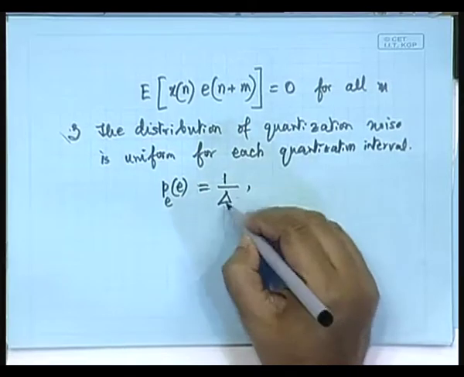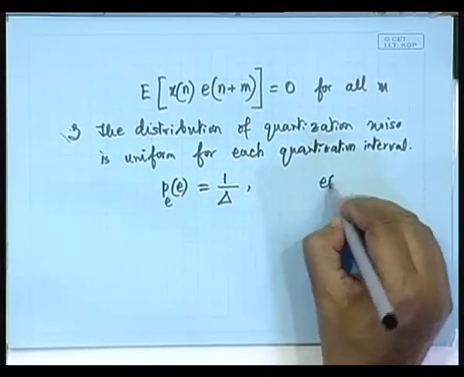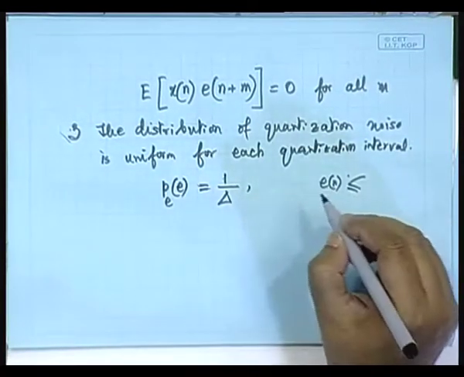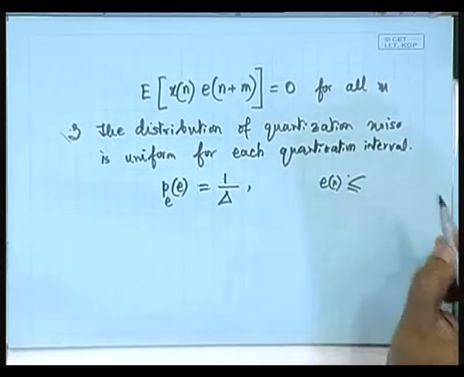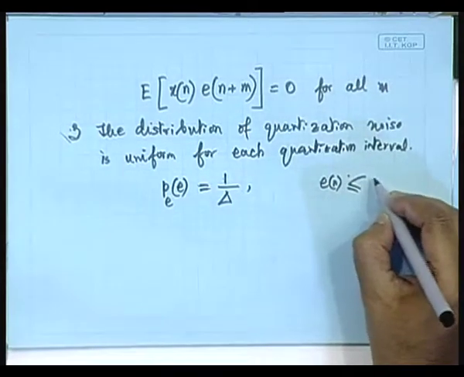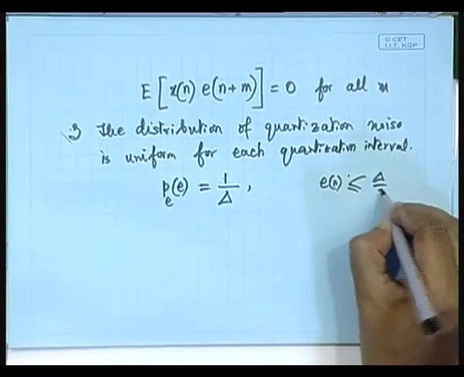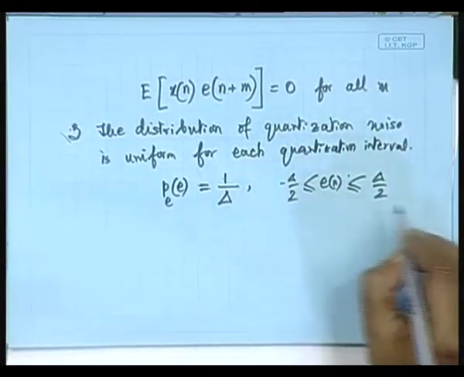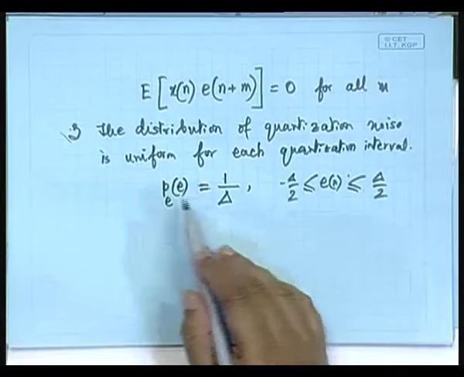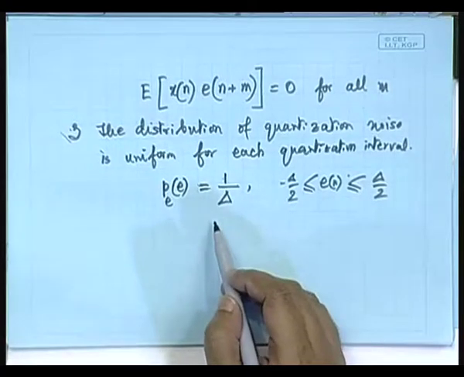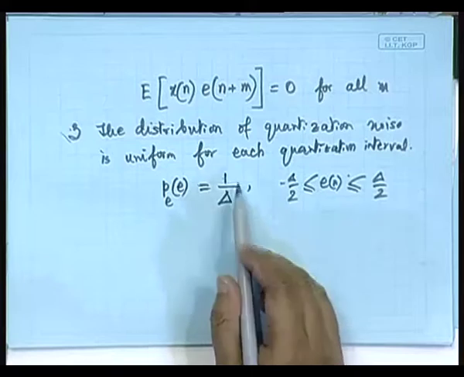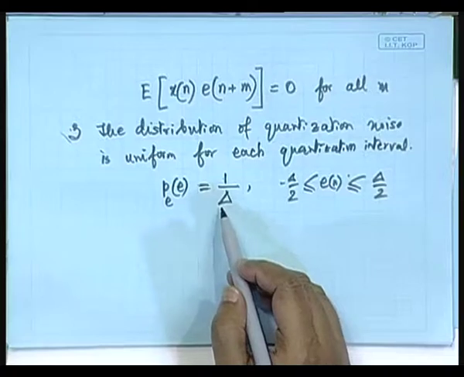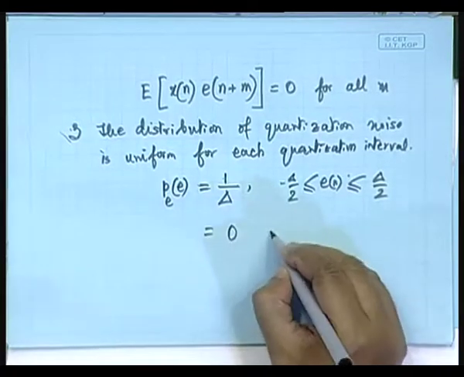So, this is equal to 1 upon delta, where the value of E, or E n, whatever you write, lies between minus delta by 2 and plus delta by 2. So, this is the range of the quantization errors, and the uniform probability density function would require that P E of E is equal to 1 upon delta, and this is equal to 0 otherwise.